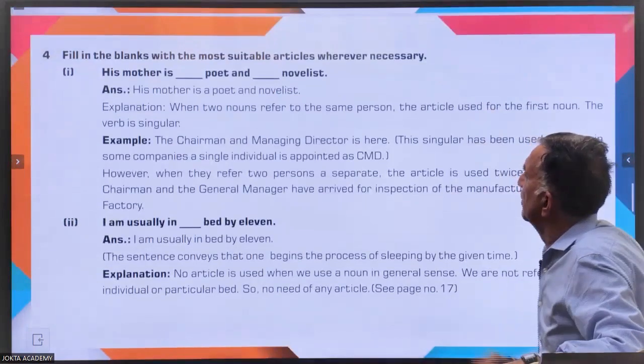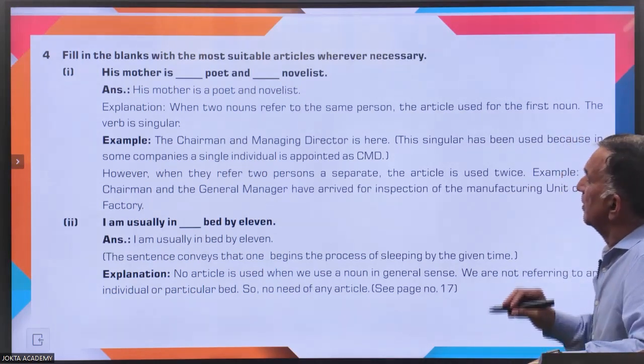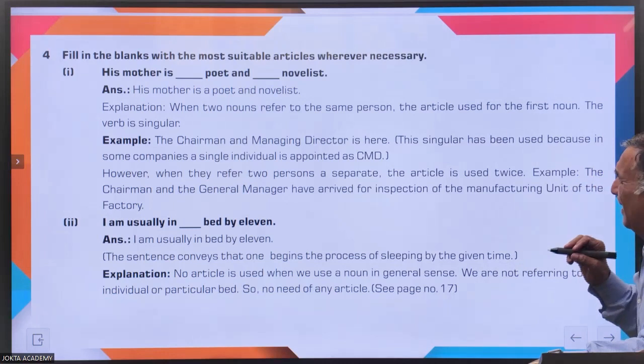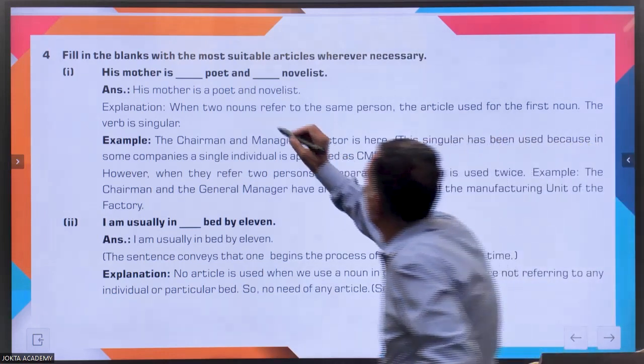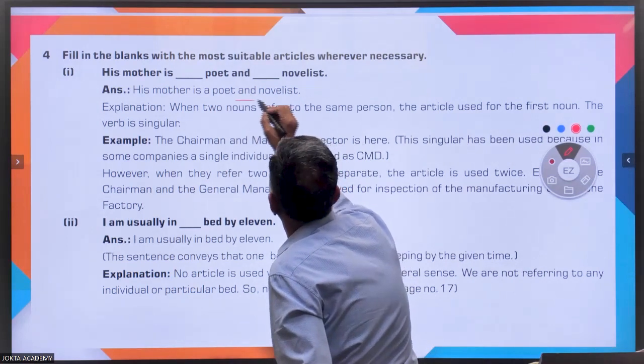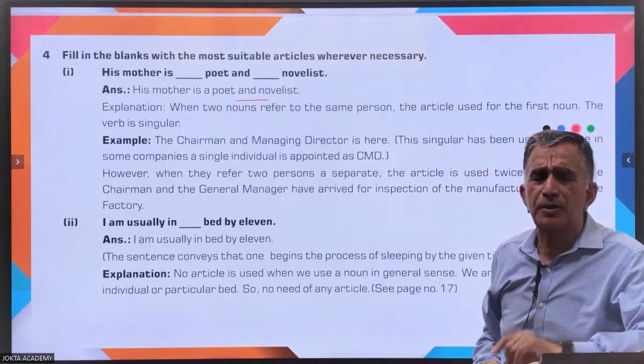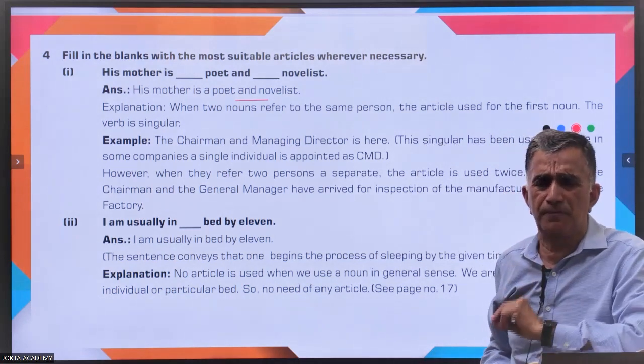Now next is articles. His mother is a poet and novelist. Article is used once when we refer to the same person.